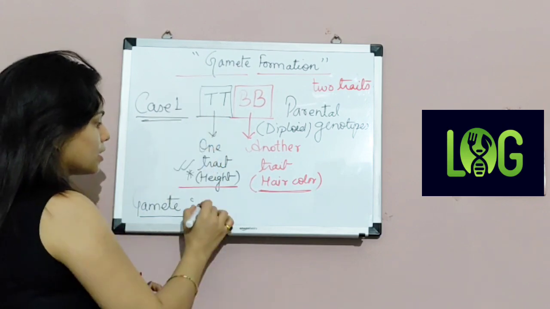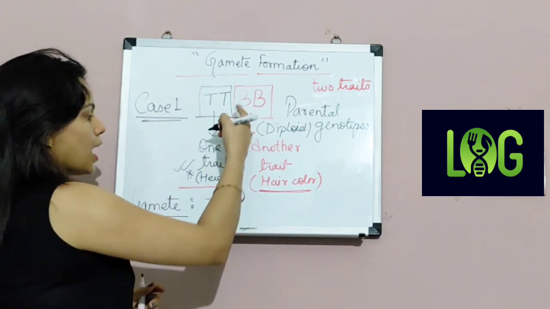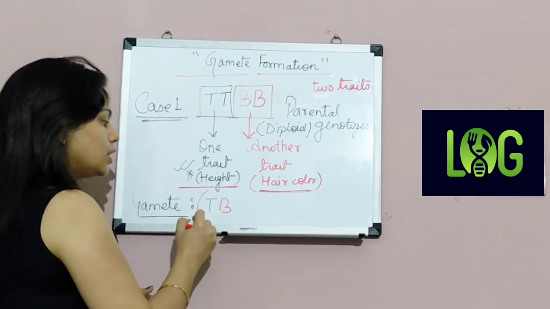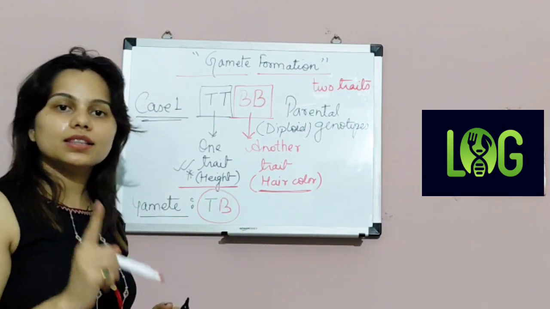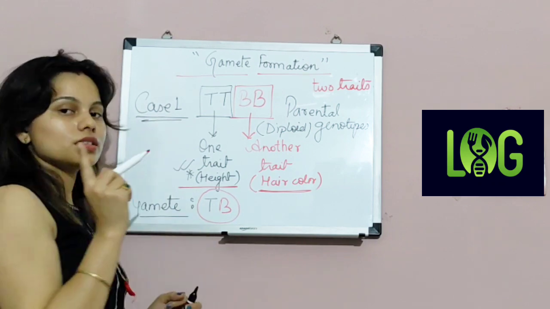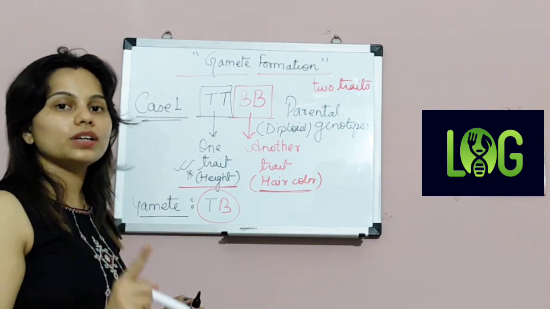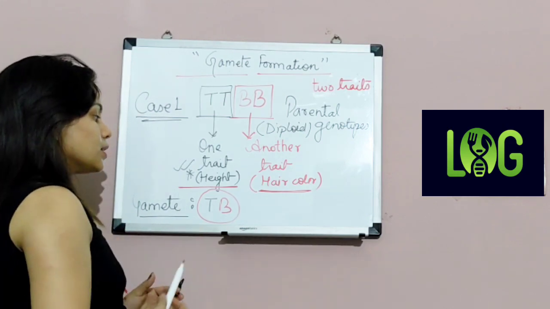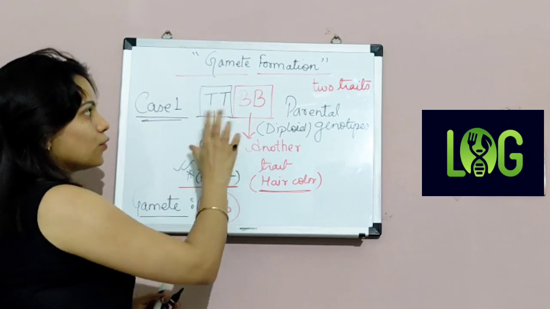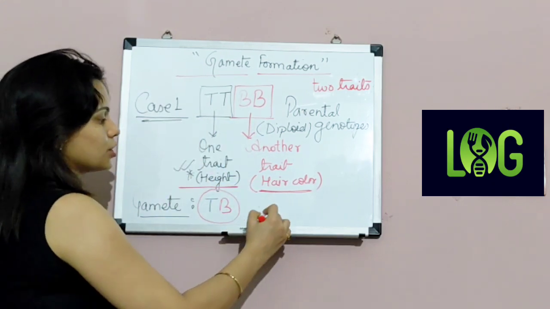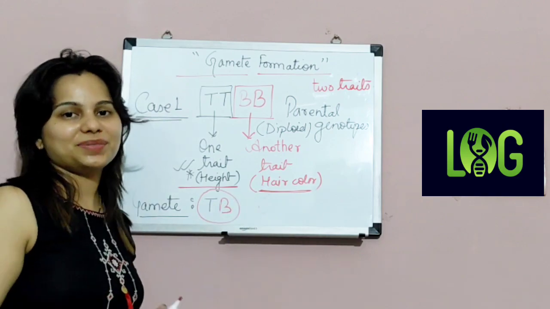Now we will segregate them, so one T and one B from here. We need to have both the traits in the gamete, but for both the traits it is going to have only a single allele. That is one gamete. There is no other form of gamete that is going to form over here. So this gamete formation is very easy for everyone.